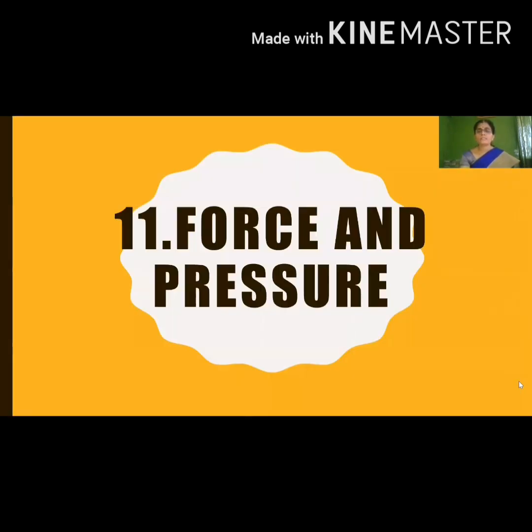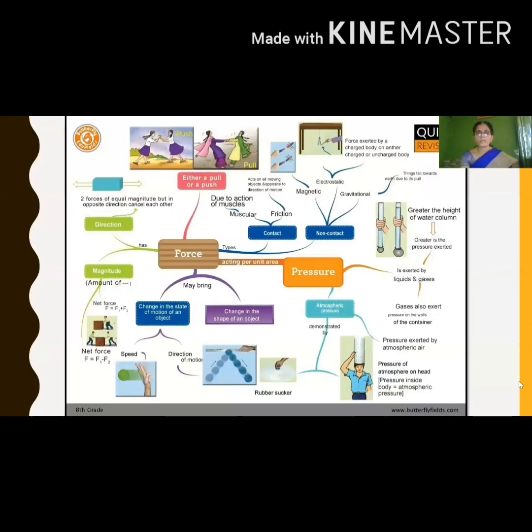And now the next chapter, we have learnt chapter number 11, force and pressure. In this chapter, we have learnt force is either a pull or push on an object, and force has both direction and magnitude. We have learned effects of forces.